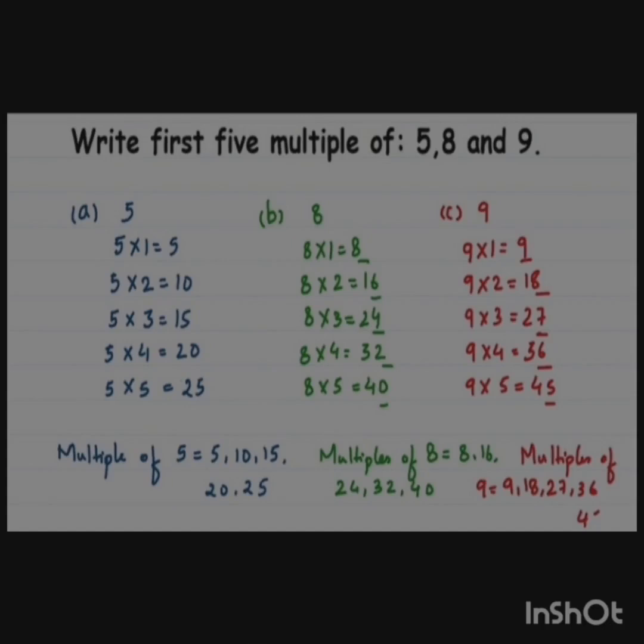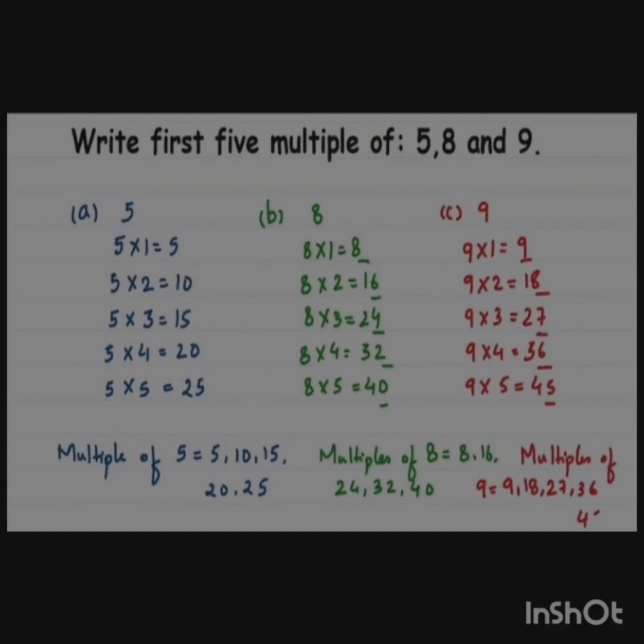Let's look at the multiples of 8. 8 times 1 is 8, 8 times 2 is 16, 8 times 3 is 24, 8 times 4 is 32, 8 times 5 is 40. The multiples of 9, 9 times 1 is 9, 9 times 2 is 18, 9 times 3 is 27, 9 times 4 is 36, 9 times 5 is 45.